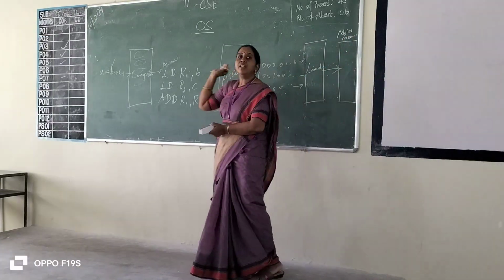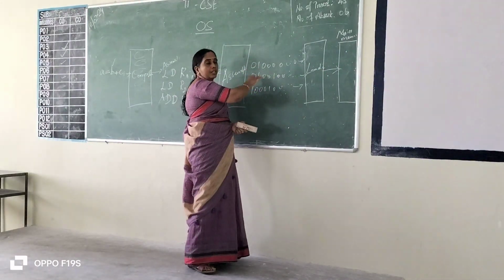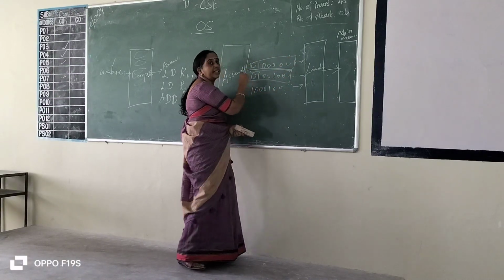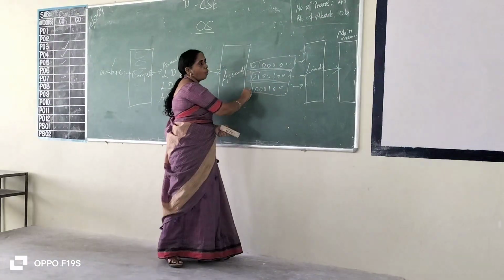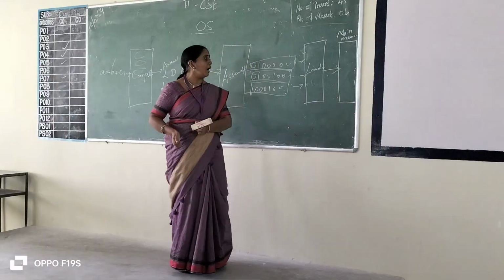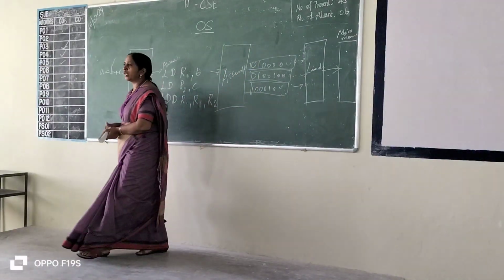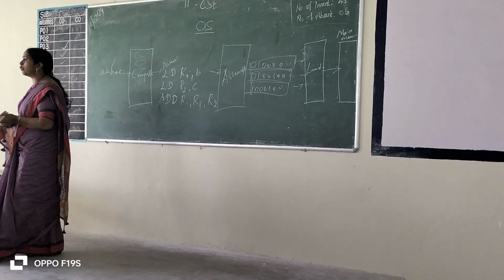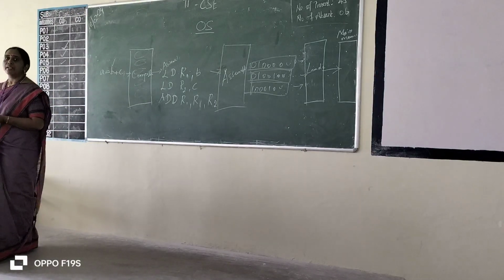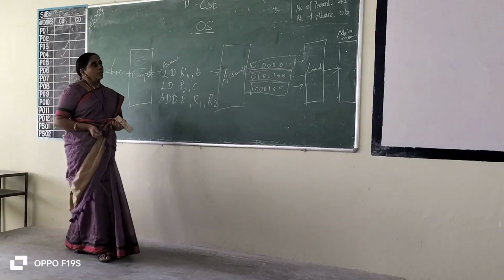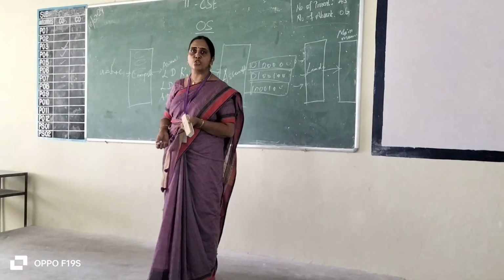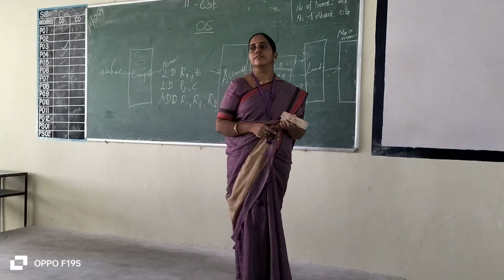In the main memory, the program, that is the code in the form of machine level, that is binary form, can be loaded into main memory for execution by the loader. The loader is a system software which is going to load your machine-level code into memory for execution. Okay, after loading the machine-level code into memory, what is the next step?